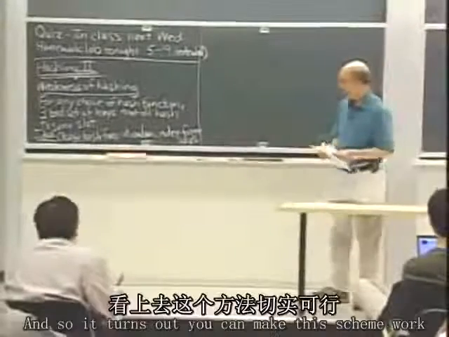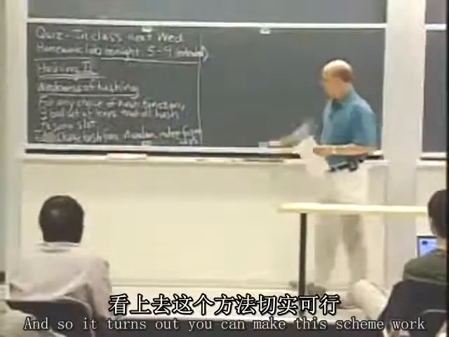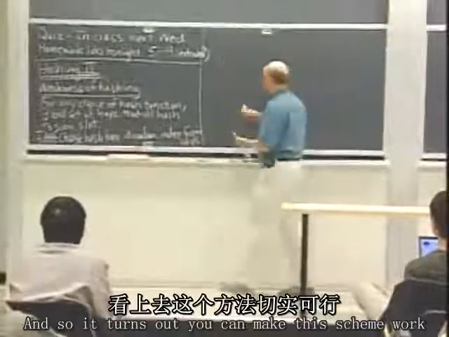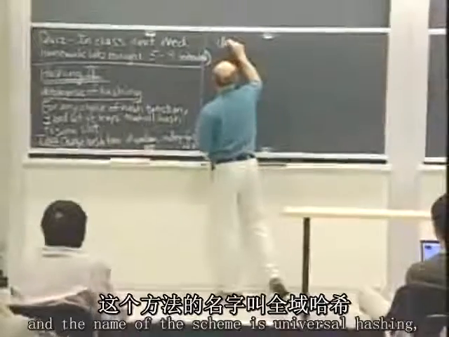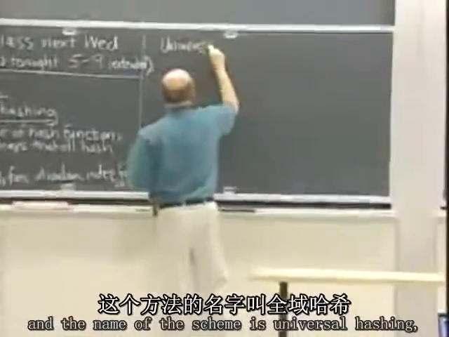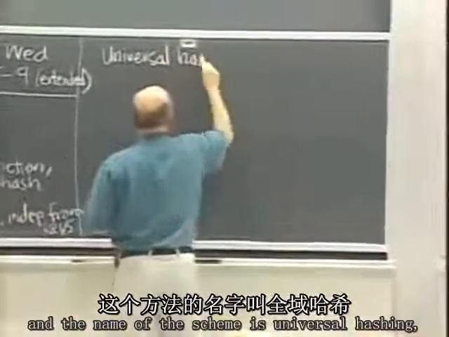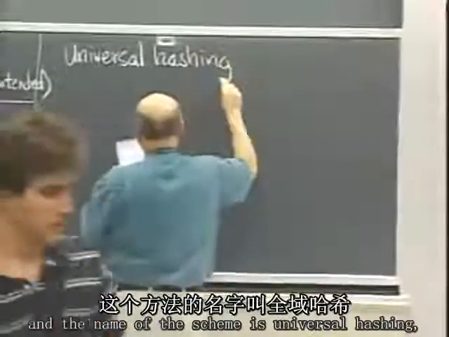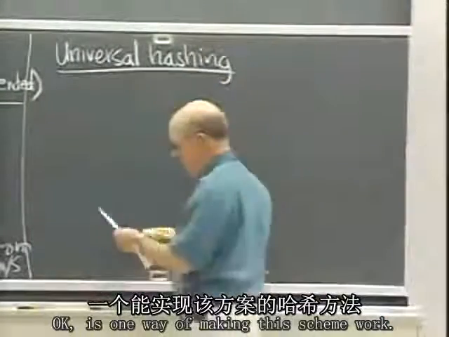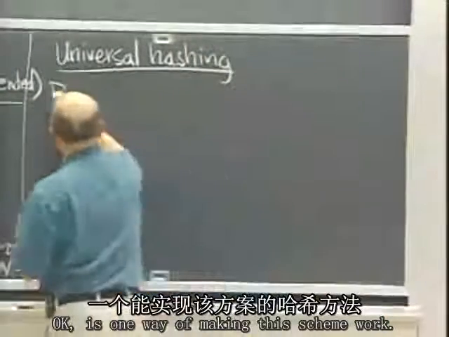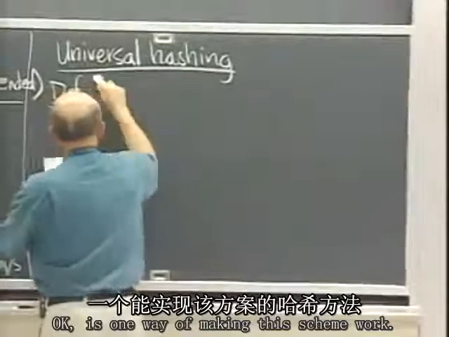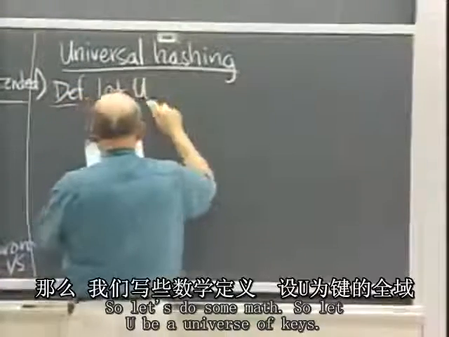And so it turns out you can make this scheme work. And the name of the scheme is universal hashing. It is one way of making this scheme work. So let's do some math.